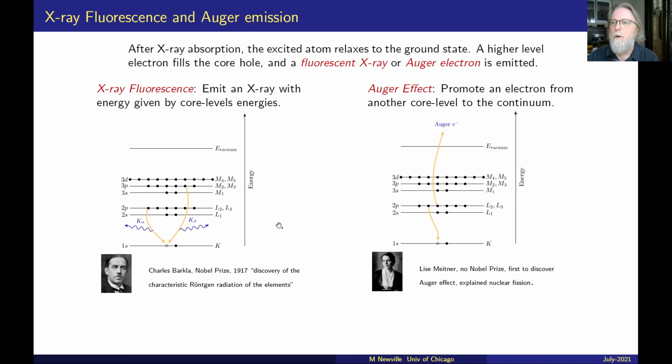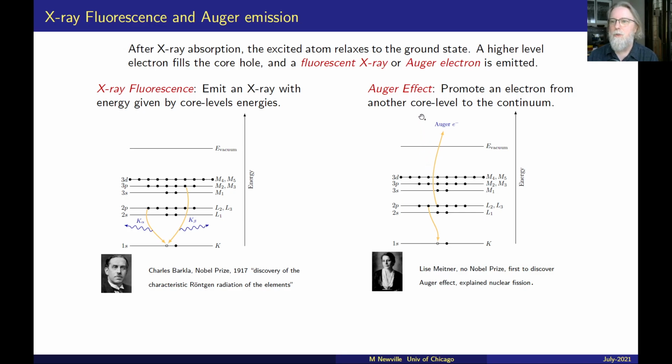In addition to being able to kick out another fluorescent X-ray, an electron can also be emitted. To do that, an electron from the 2p level will drop down to the 1s level, and an electron from the 2p level will also be promoted out of the atom into the continuum, and that will also preserve momentum as well as energy.